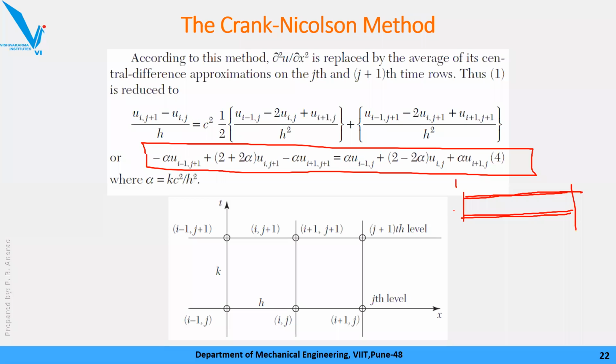So you have supplied heat and there is a cold junction, and you are going to compute the temperature at 3 locations.